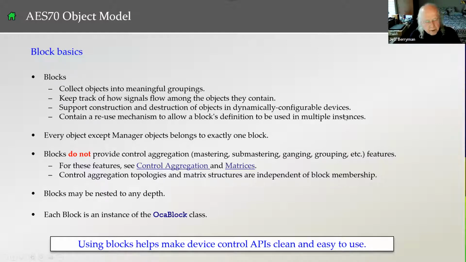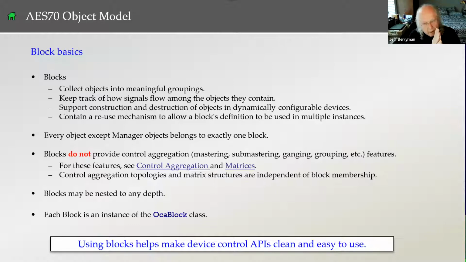For example, if you have a big mixing console, you can define a block specification that says, all right, I have a preamp gain control object, and I have some parametric equalizer objects and some dynamics objects and some mute switches and a master fader and so on. All these are my objects of a particular channel, and I'm going to make all those into a block definition.